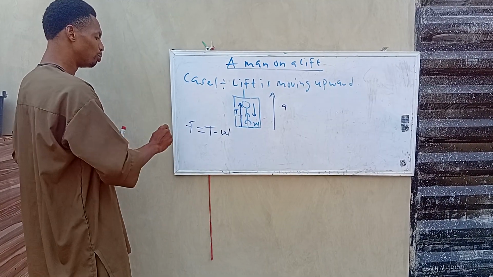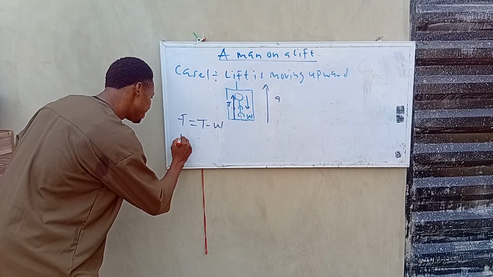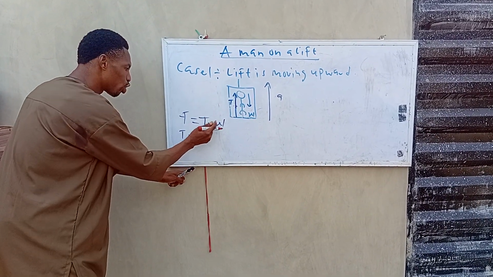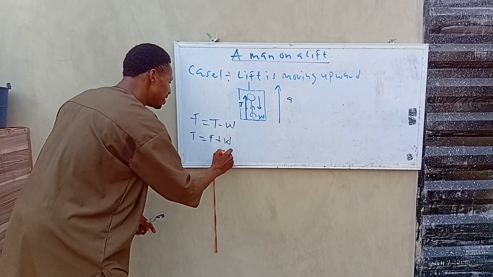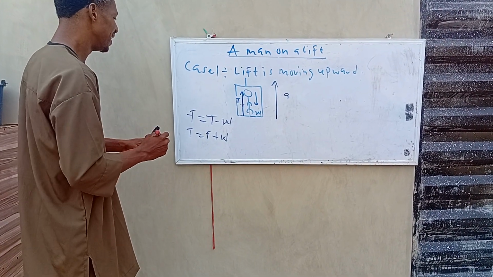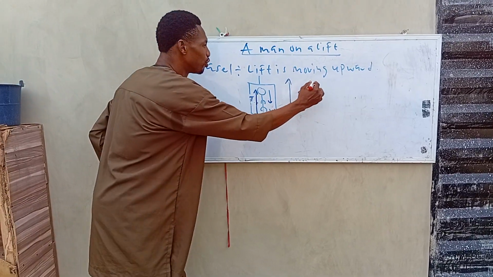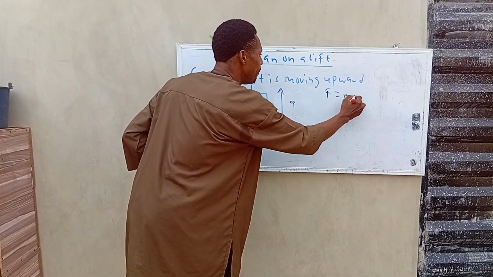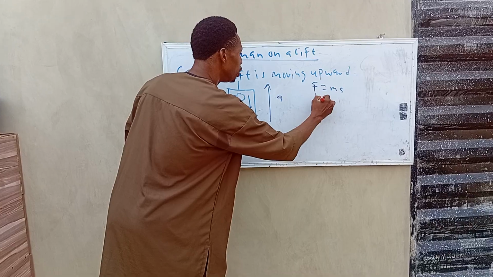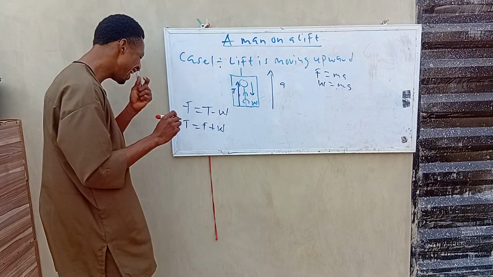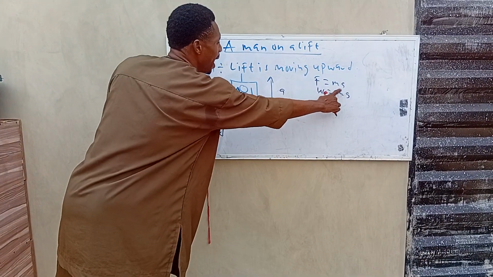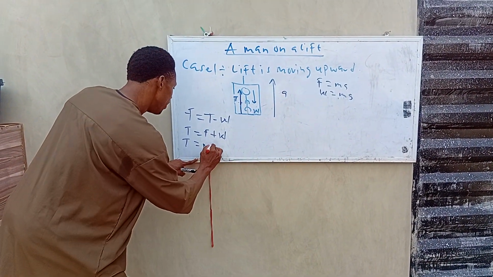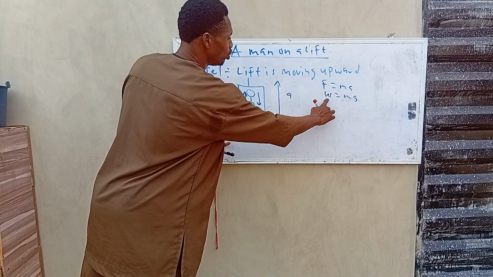And don't forget, let's make tension the subject of the formula. So this T is because when this crosses to this place, F plus weight. And don't forget that force equals MA, and W equals Mg. Now in that case, F becomes MA, so this is MA plus weight, which is Mg.